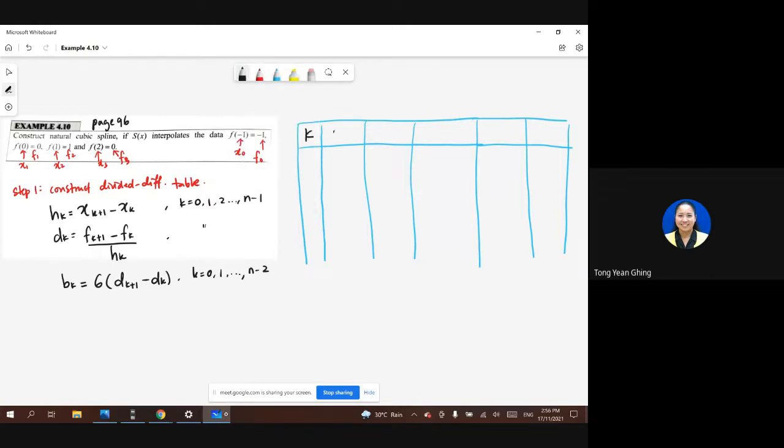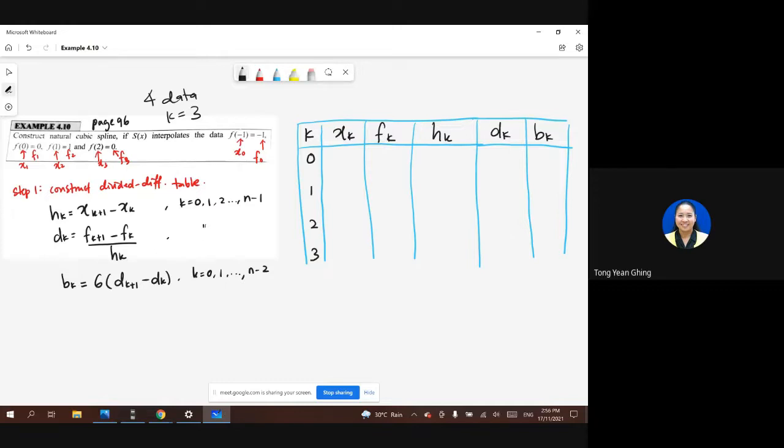So k, this is k, this is fk, this is hk, this is dk, and this is bk. So according to the data just now, we have 4 data points, right? K is 0, 1, 2, 3.